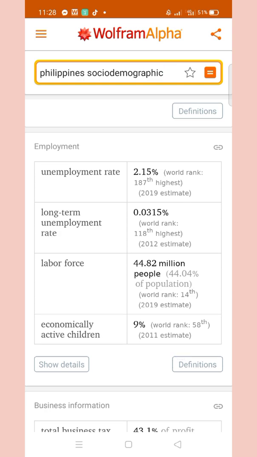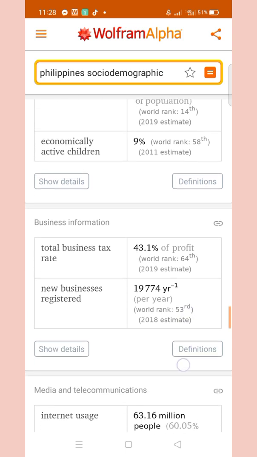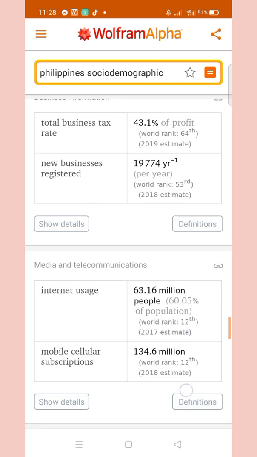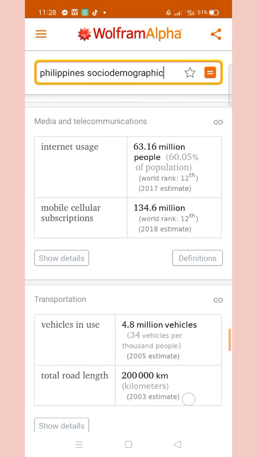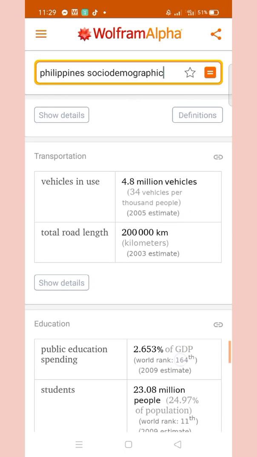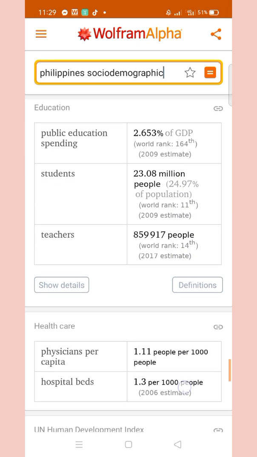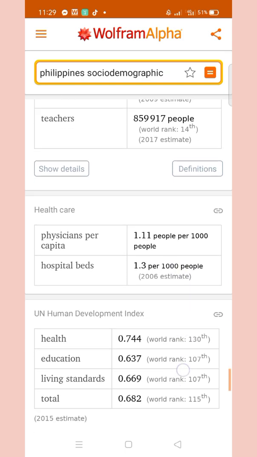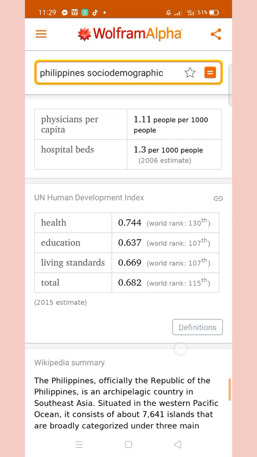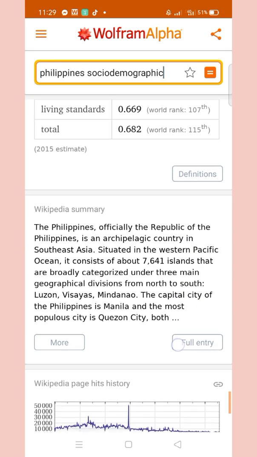So the employment there, unemployment rate, long-term unemployment rate, labor force, then the business, media and telecommunications, transportation, education, healthcare, UN Human Development Index, and then the Wikipedia summary about the Philippines.